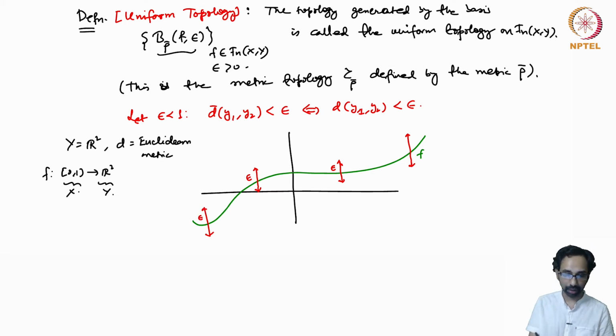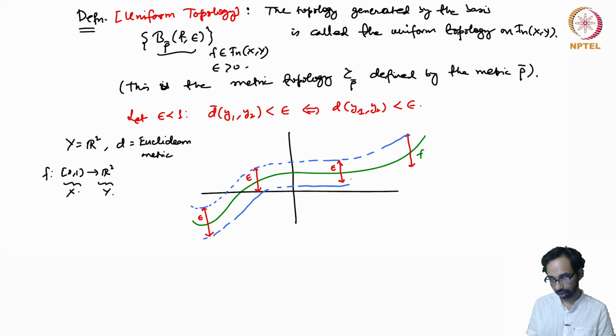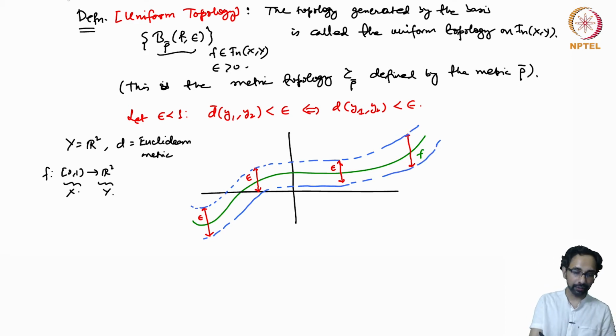So everything is epsilon, and we can draw a kind of tube like this, something like this, and any function which is a path.